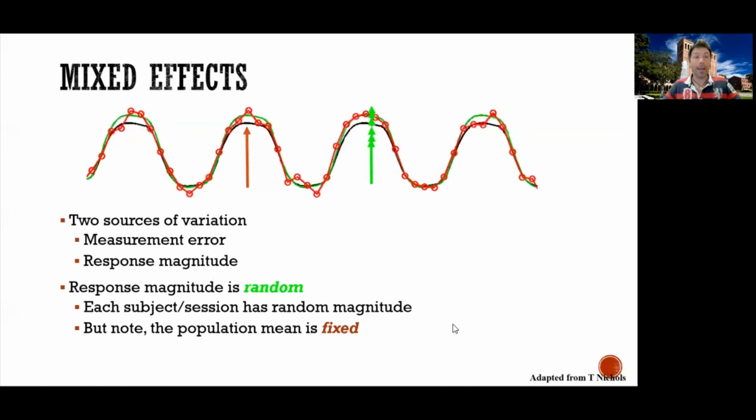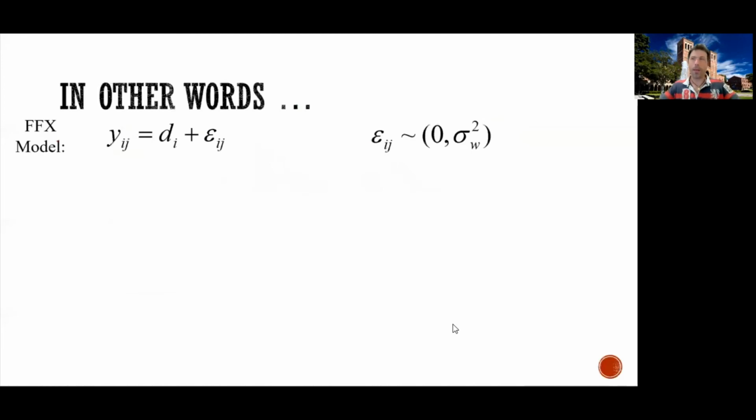Now let me show this in a third way, which is sort of the algebraic mathsy way. In a fixed effects model, what you're trying to do is model every time point for subject i. So, time point j for subject i: the value of a given voxel of a given subject at a given time point is a function of the subject's mean plus some kind of measurement error.